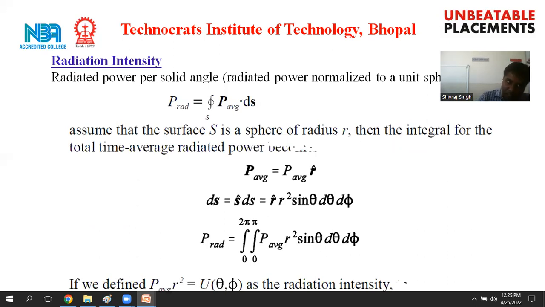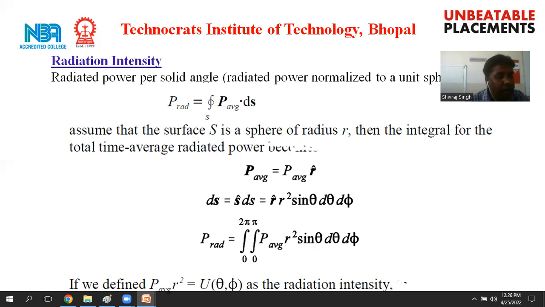Radiation intensity. Radiation intensity is defined as the total radiated power per solid angle. The mathematical formula of the radiation intensity is given by this one. Total radiated power is equal to the surface integral of the average power over the area, ds.